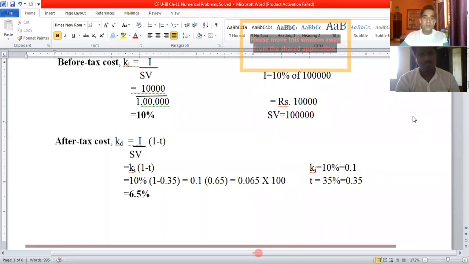The principal amount cannot be discounted during the repayment, but a company may decide to give some premium on the redemption of the debentures. So that is PR. D, PI and PR we consider only if given in the problem. And T is the tax rate. So this was simple. We'll go ahead and consider a small example and learn how to compute the cost of redeemable debt using this equation.